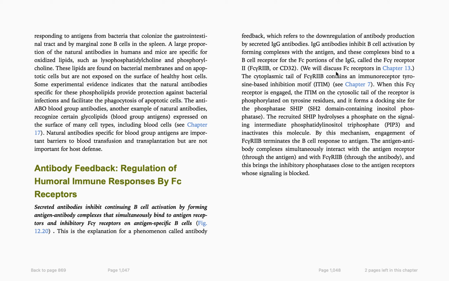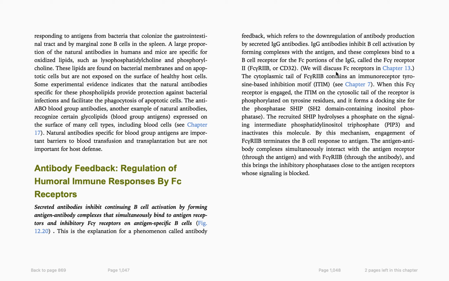A large proportion of the natural antibodies in humans and mice are specific for oxidized lipids such as lysophosphatidylcholine and phosphorylcholine. These lipids are found on bacterial membranes and on the apoptotic cells, but they are not exposed on the surface of healthy host.